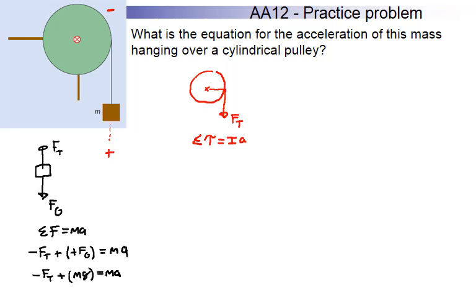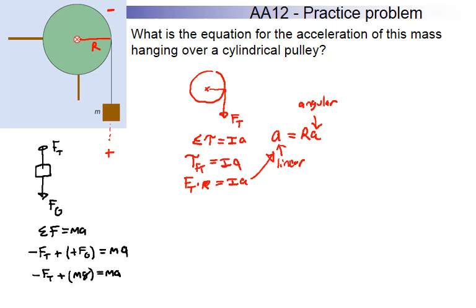So we know that it's the force of tension causing this torque, making it go down. And so that's the force of tension times the radius, which we have here, and the tension is at a 90-degree angle, so the torque equals the moment of inertia times the angular acceleration.